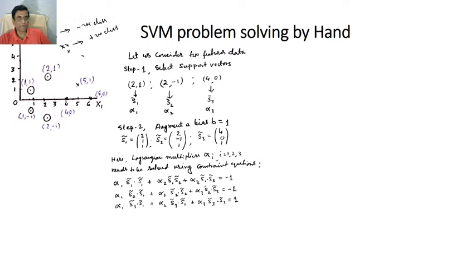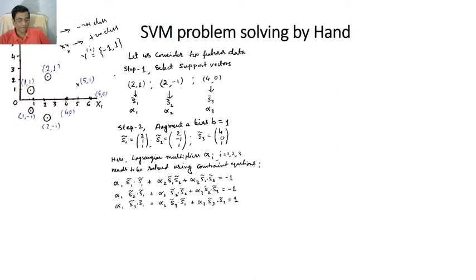And please remember what we have already told, that the labels of the two classes in support vector machine are like this, not 0, 1, but minus 1 and plus 1. So these are my samples.